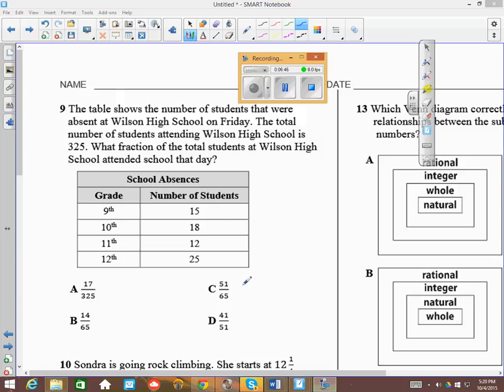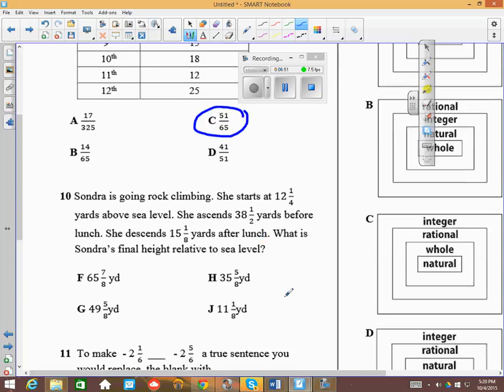Number 9 is C. If you have a question specifically, send me a message on Edmodo. Number 10, we've done several of these problems in class, so that answer is H.